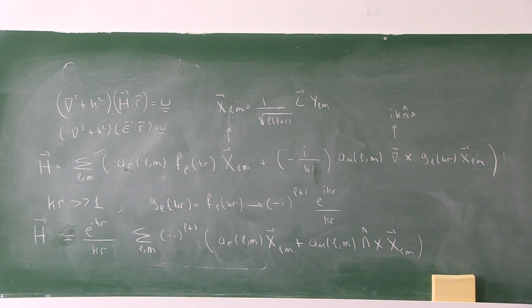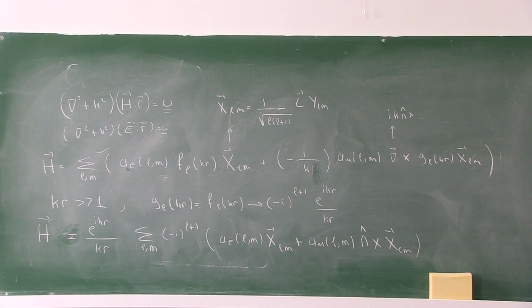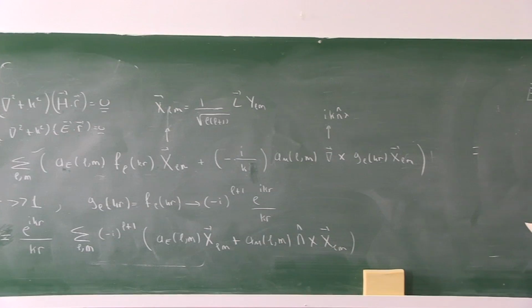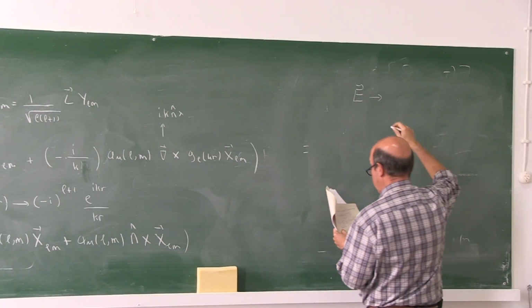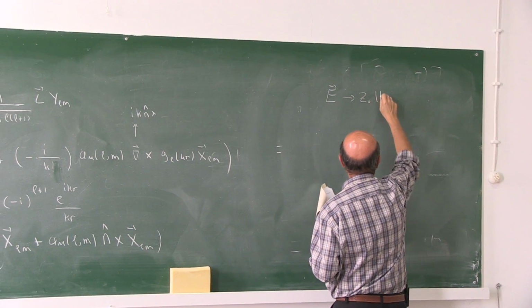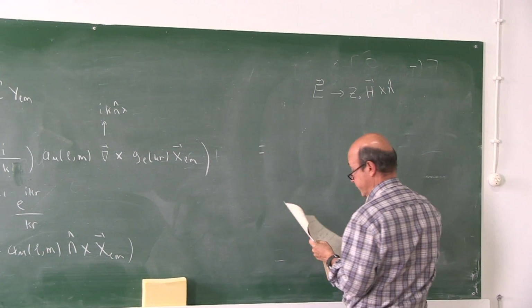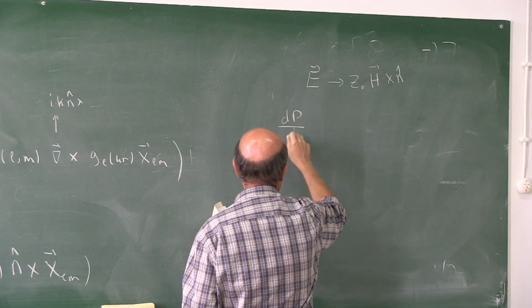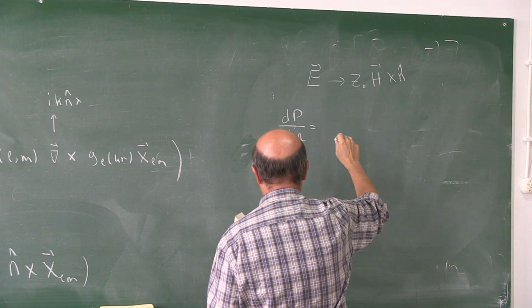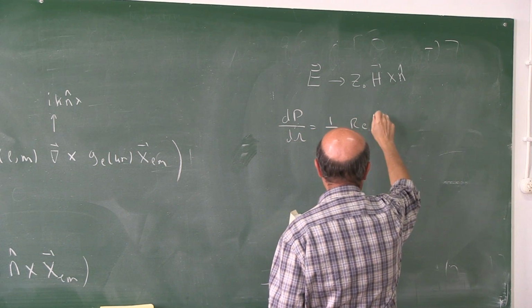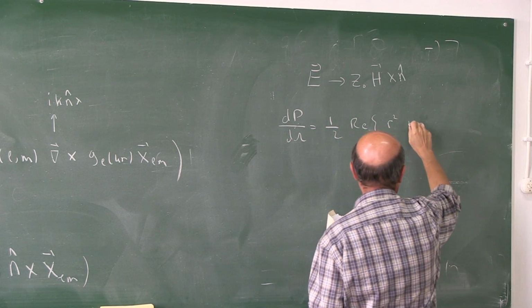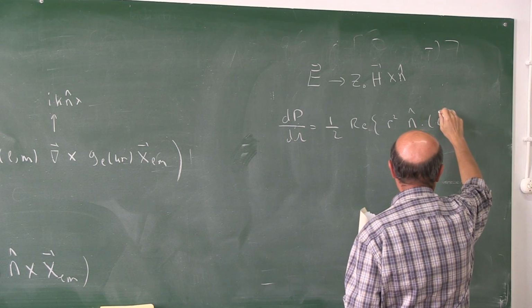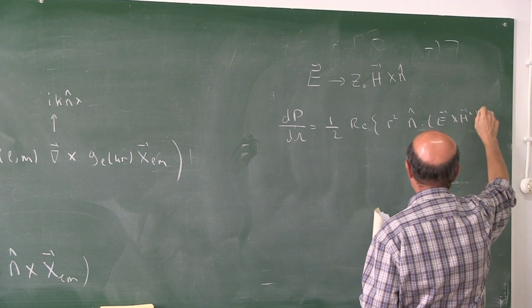And you know what the electric field should be in the far field zone. The electric field, the magnetic field, and the propagation direction are mutually orthogonal to each other. It is Z0 H cross n. If you calculate the power emitted per solid angle, that is 1 over 2 real part of r squared n dot E cross H complex conjugate.